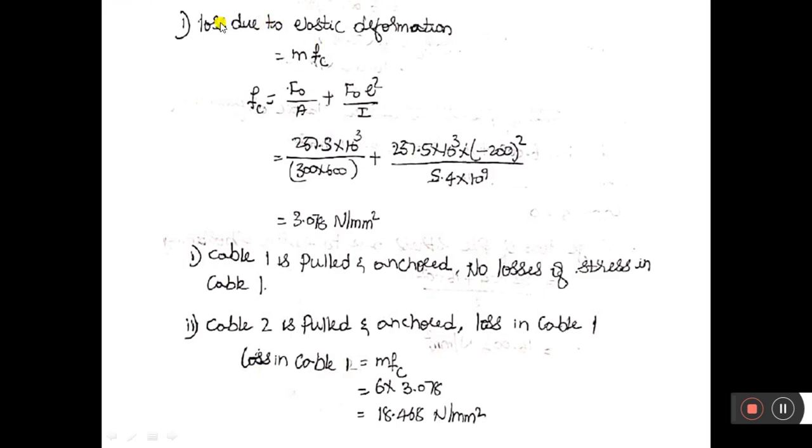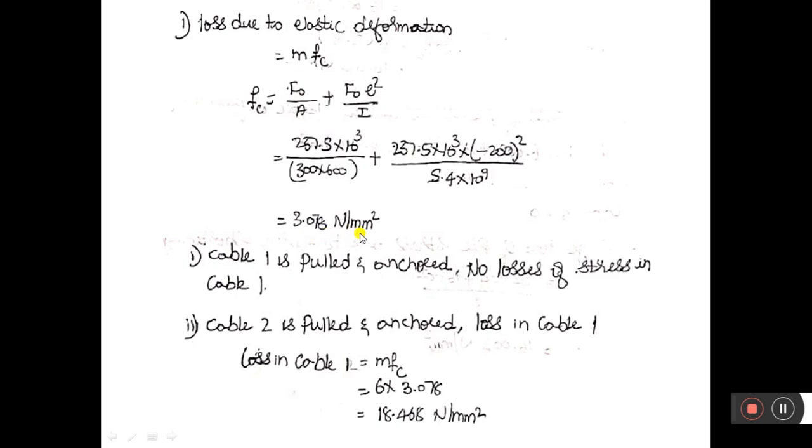So m is given, that is 6, and to calculate fc we have the formula F naught by A plus F naught e square by I. F naught is the initial pre-stressing force we have calculated in the previous step. So substitute the values, we will get fc, that is the compressive stresses developed in the concrete with respect to the CG of tension steel. So fc is equal to 3.078 Newton per mm square.